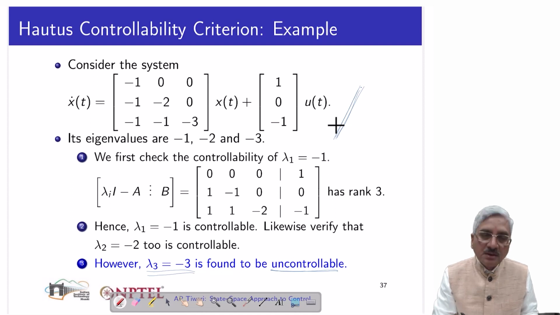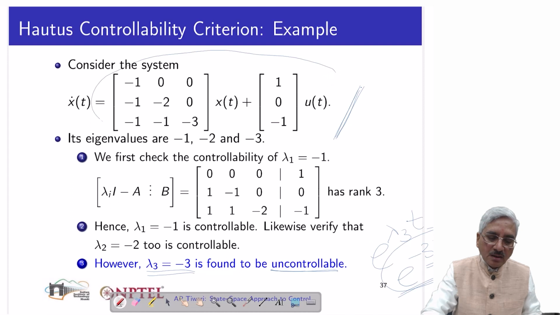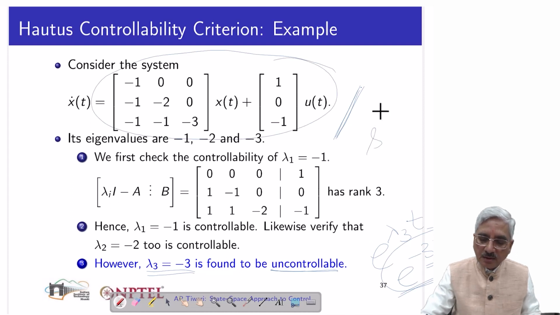And the mode e power lambda 3 t, which is e power -3t, is the uncontrollable mode. Now because this is stable, e power -3t will decay with time and it will reach the origin. It will become 0 as t tends to infinity. So this system is uncontrollable but stabilizable.